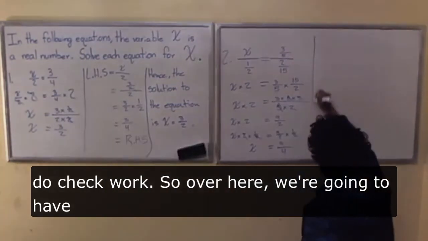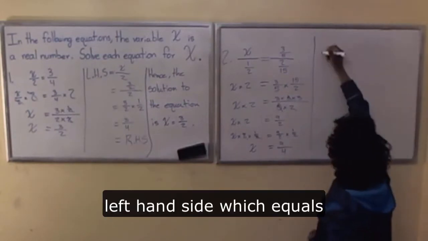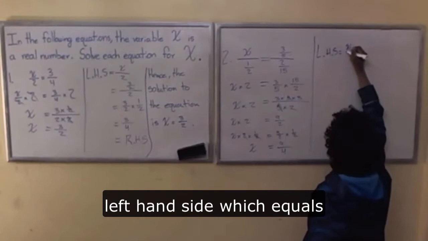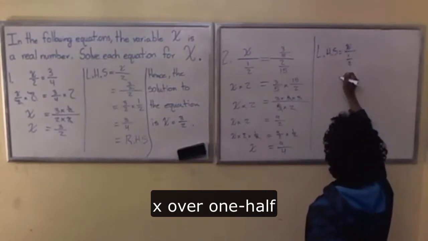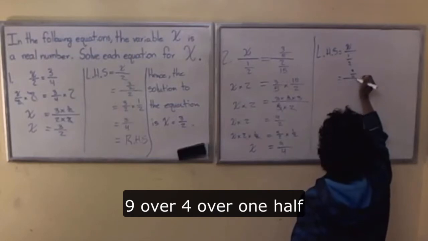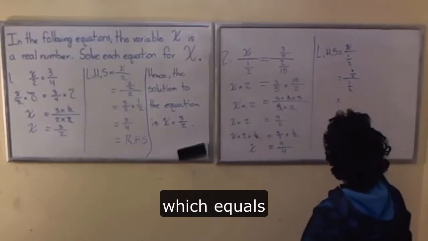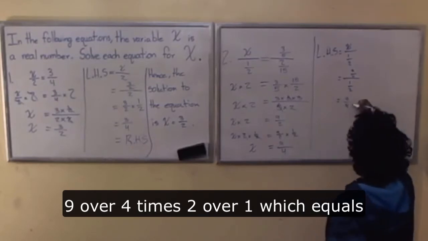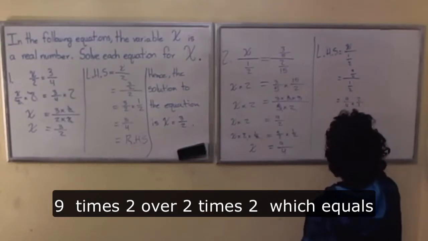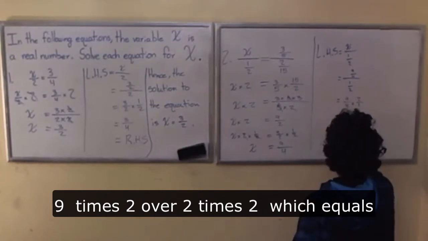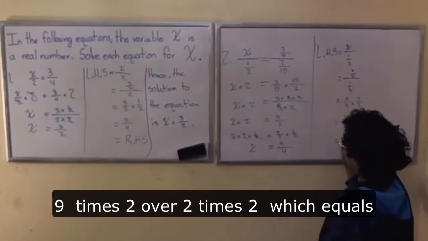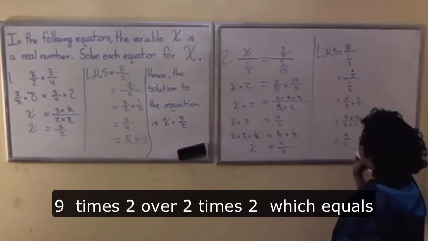All right, let's do the check. So over here, we're going to have left-hand side, which equals x over 1/2, which equals 9 over 4 over 1/2, which equals 9 over 4 times 2 over 1, which equals 9 times 2 over 2 times 2, which equals 9 over 2.